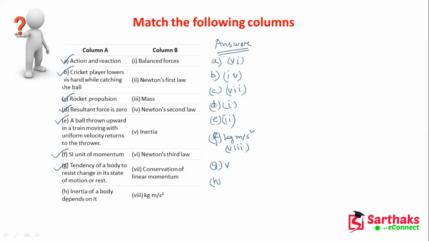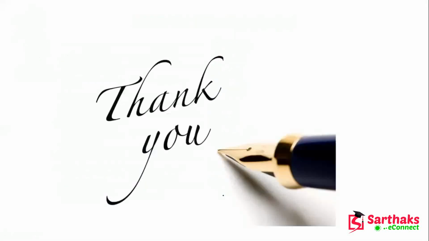Then H. The inertia of a body depends on its mass, because more mass means more inertia. So we have already given the example of a fat person and a thin person. The fat person has less velocity, whereas the slim person has higher velocity, right?